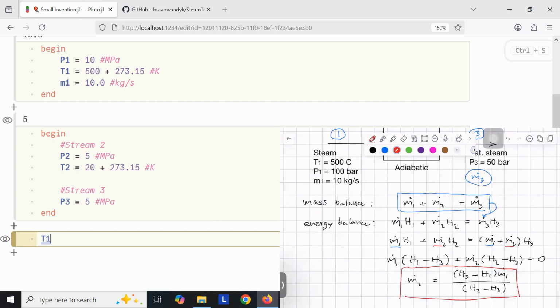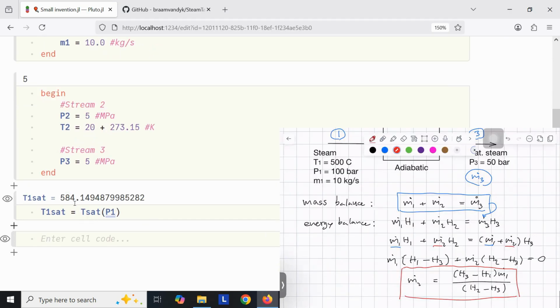So if I assign tsat at pressure P1 to a variable named T1sat, and I hit Control Enter, this is supposed to be the saturated temperature at a pressure of 100 bar.